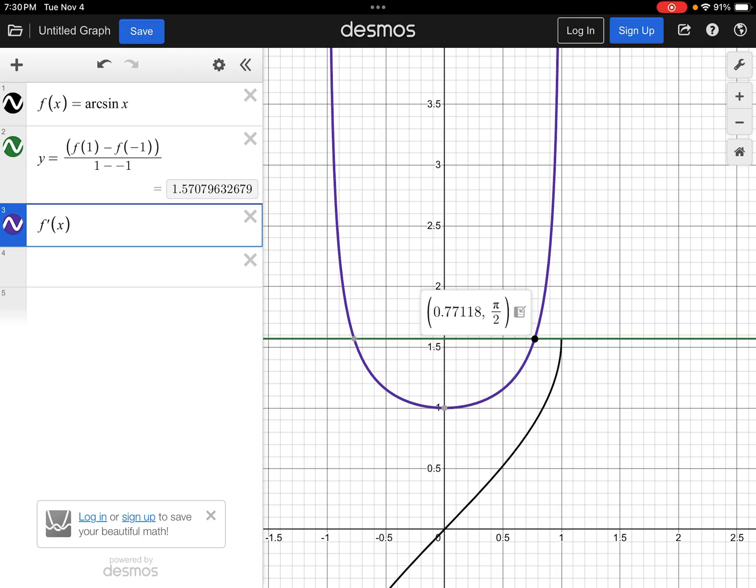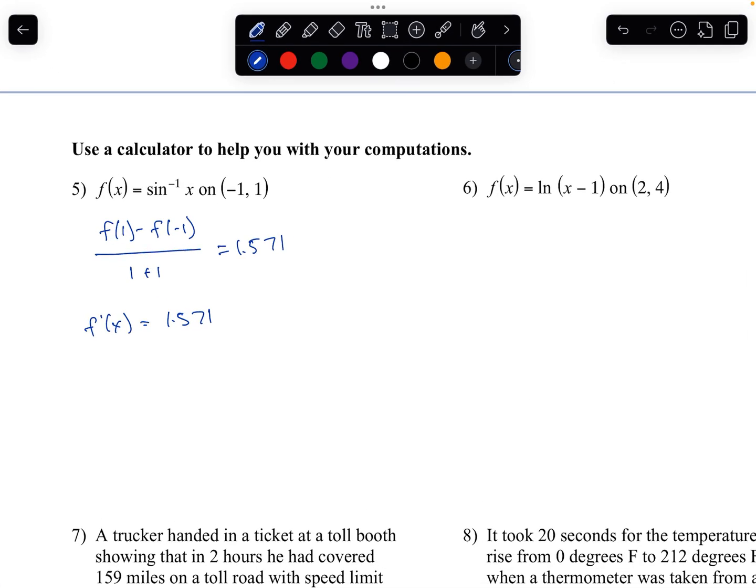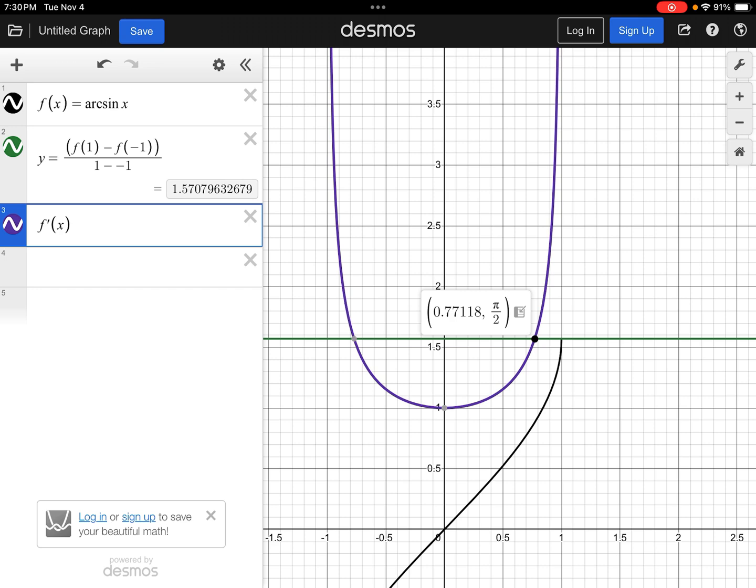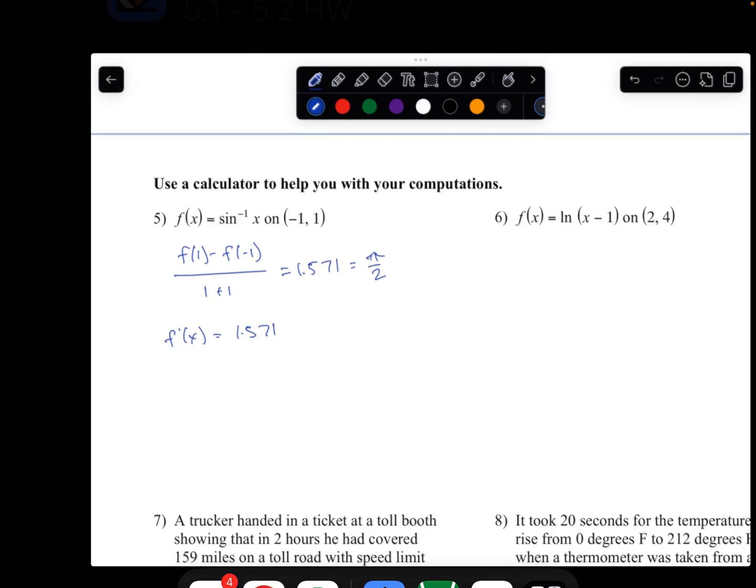There you go. Didn't even realize it. So our average rate of change right here is equal to pi halves, by the way. So basically we're seeing when f prime of x is equal to pi halves, and f prime of x is equal to pi halves at 0.771.